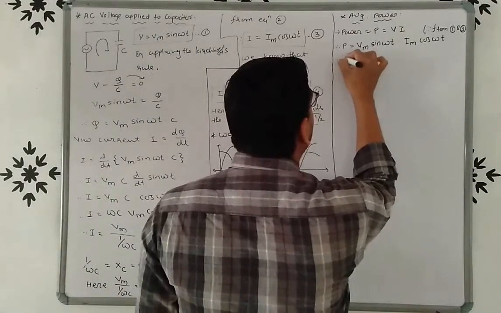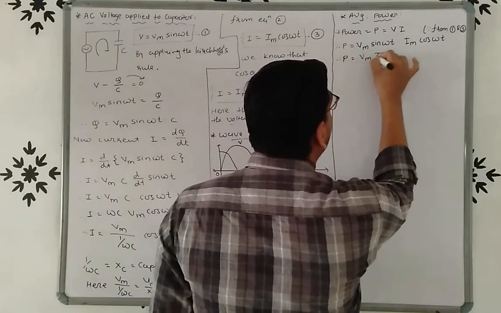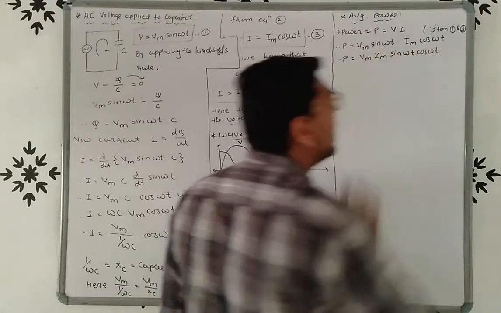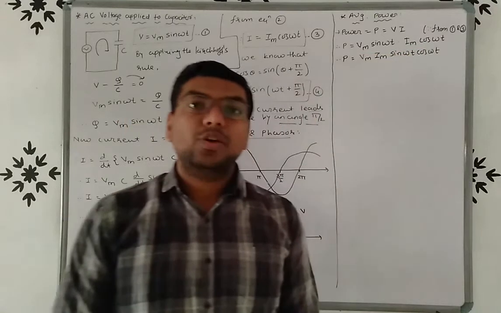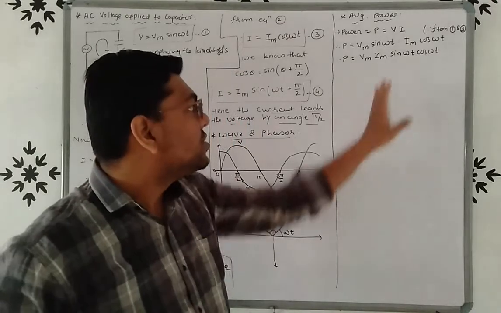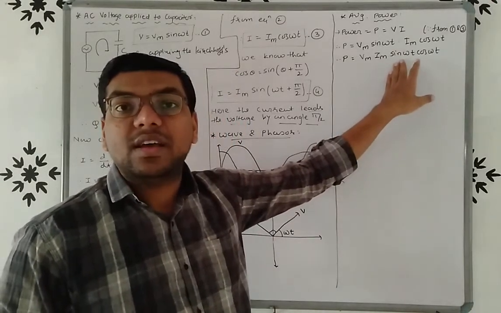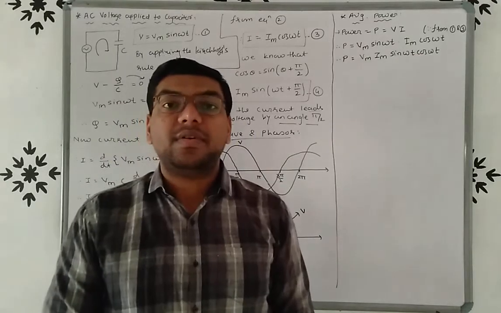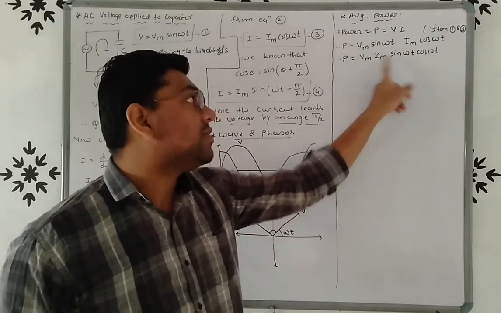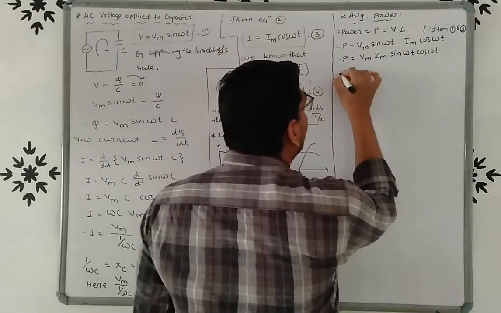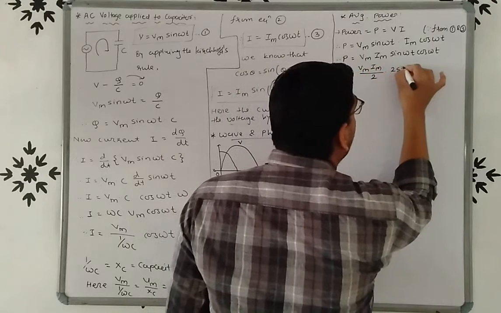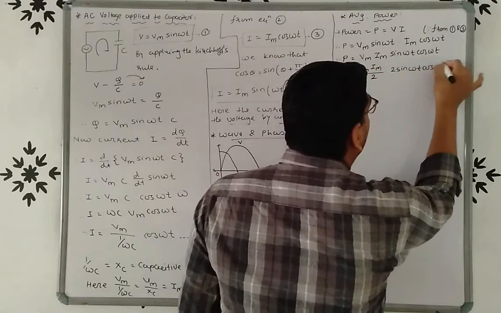Now the equation will be like this: P = Vm Im sin omega t cos omega t. But we know that 2 sin theta cos theta is equal to sin 2 theta. So here we need 2, so we multiply and divide this equation by 2. So the power P = Vm Im by 2 into 2 sin omega t cos omega t.